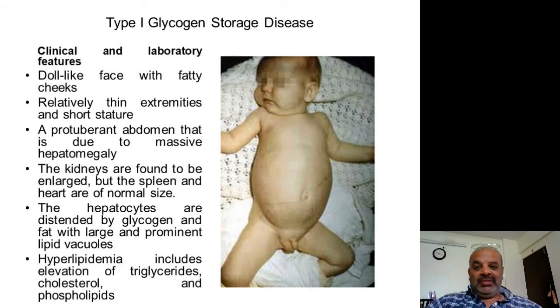Remember, we are talking about liver storage disease, or it's a type of glycogen storage disease where liver is involved, and that's why you see hepatomegaly, but you don't see anything different when you look at the heart. If you look at the hepatocytes, they are distended by glycogen along with fats, and you will see hyperlipidemia, including elevation of triglycerides as well as cholesterol and phospholipids in these cases.